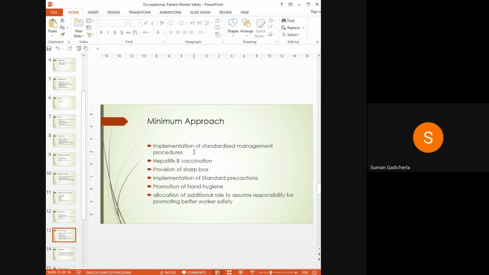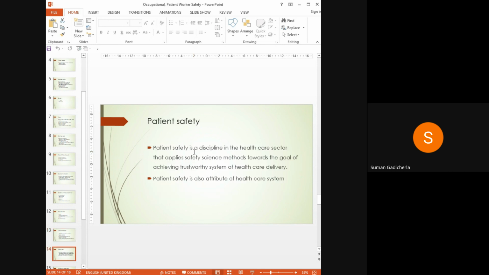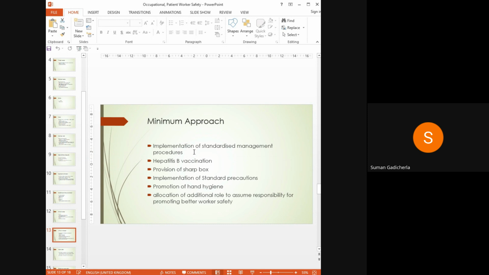Apart from looking after biomedical waste, you should also look at how you would be able to promote worker safety. These are the most basic minimum ones to look for in occupational safety in a hospital or healthcare setup.